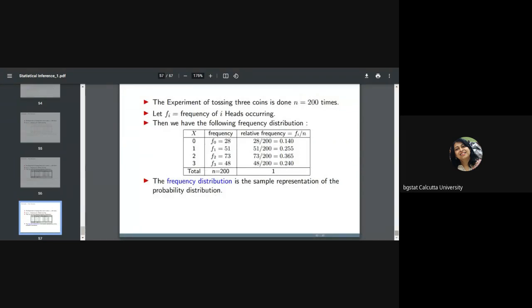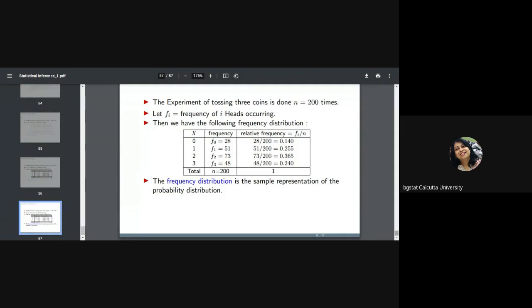So here we have another fundamental concept, which is that of a frequency distribution. Now my experiment was that I tossed 3 coins 200 times.